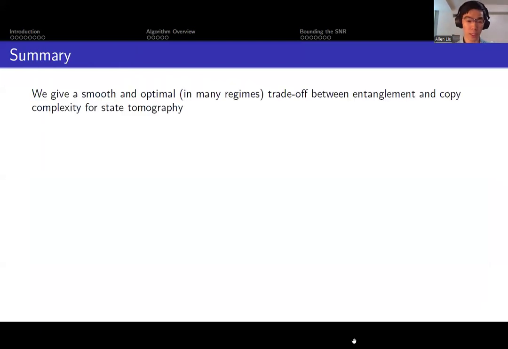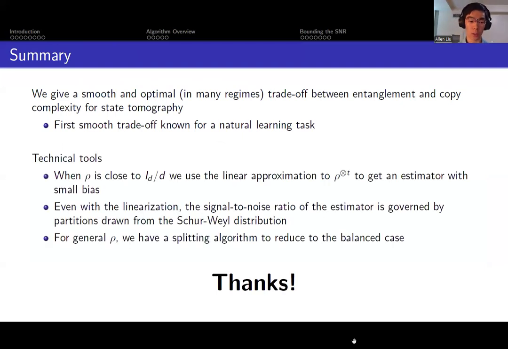Okay, so to briefly summarize, we give a smooth and optimal trade-off between entanglement and copy complexity for quantum state tomography in many regimes. This is the first smooth trade-off known for any natural quantum learning task. The technical tools are, first, we use this linear approximation to get an estimator with small bias when rho is balanced, so close to maximally mixed.